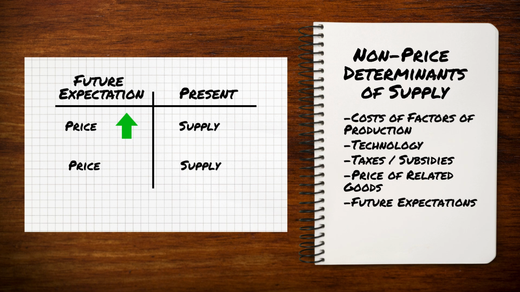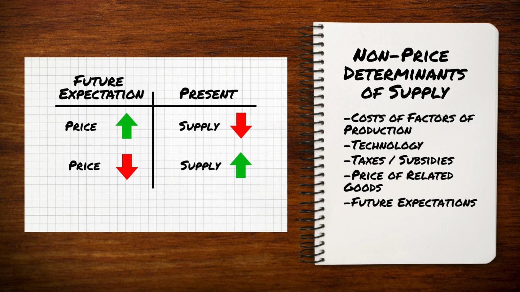So even though you might continue producing, if you stop selling, this means that your goods are not available. So this decreases the supply currently available to the market. So, if firms expect an increase in prices in the future, they will decrease supply in the present. If firms expect a decrease in prices in the future, they will increase supply in the present.